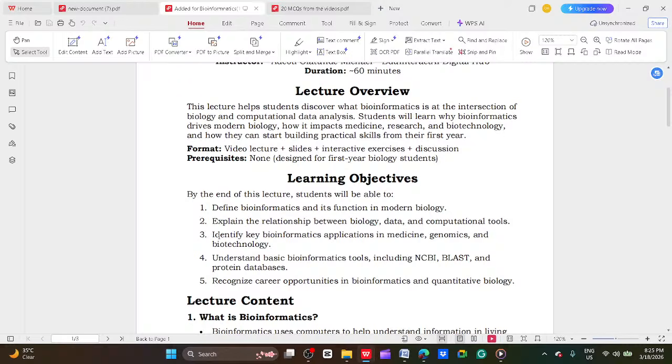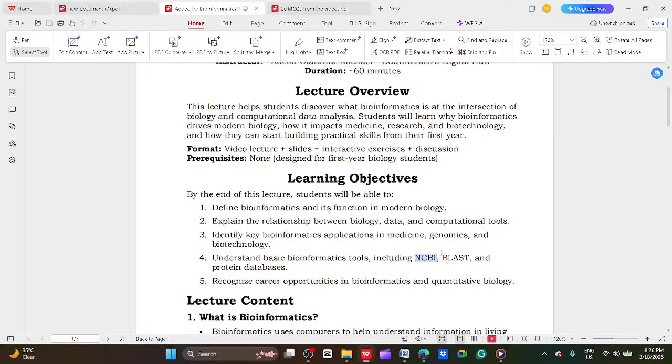Then identify key bioinformatics tools that are useful in medicine, genomics, and biotechnology. Apart from that, you should be able to understand basic bioinformatics tools. For example, how can you navigate and do mini projects by the use of NCBI, that is the National Center for Biotechnology Information?